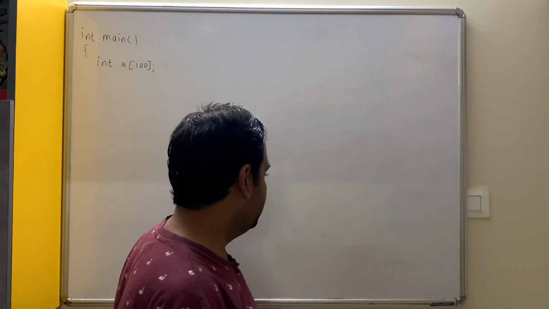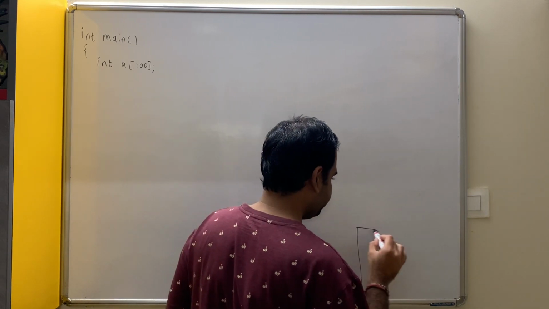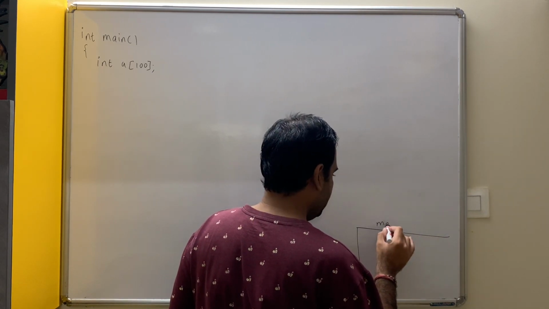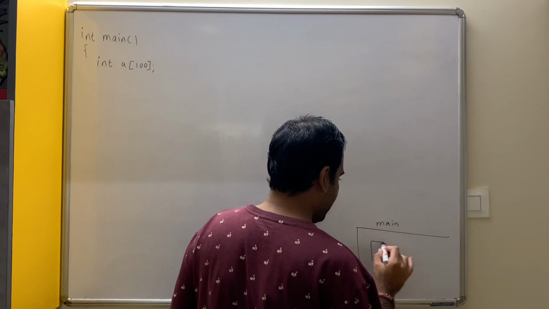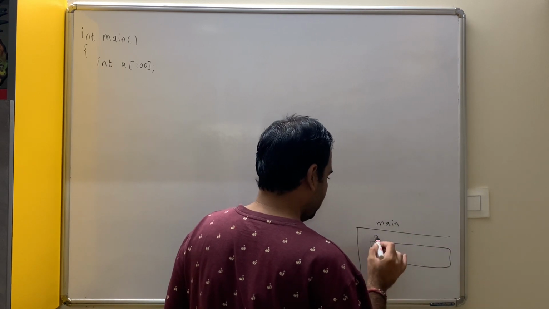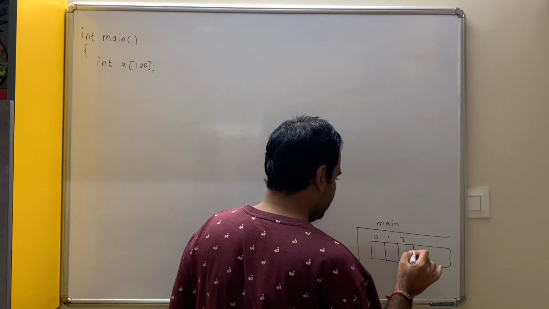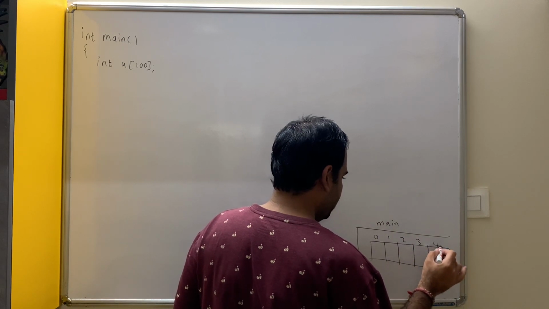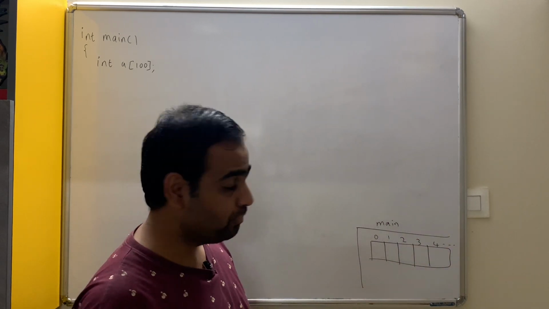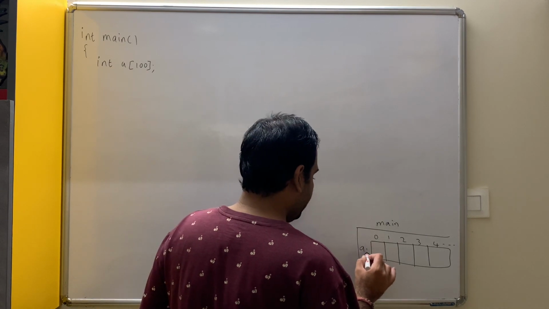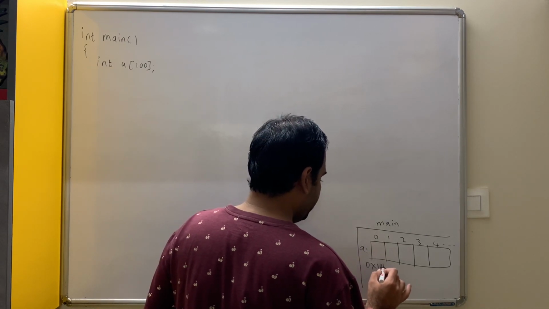This is the main scope, and in main scope you have an array A of 100 elements, 0, 1, 2, 3, 4 and so on up to 99. Let the array name be A, and let the base address be say 1000.